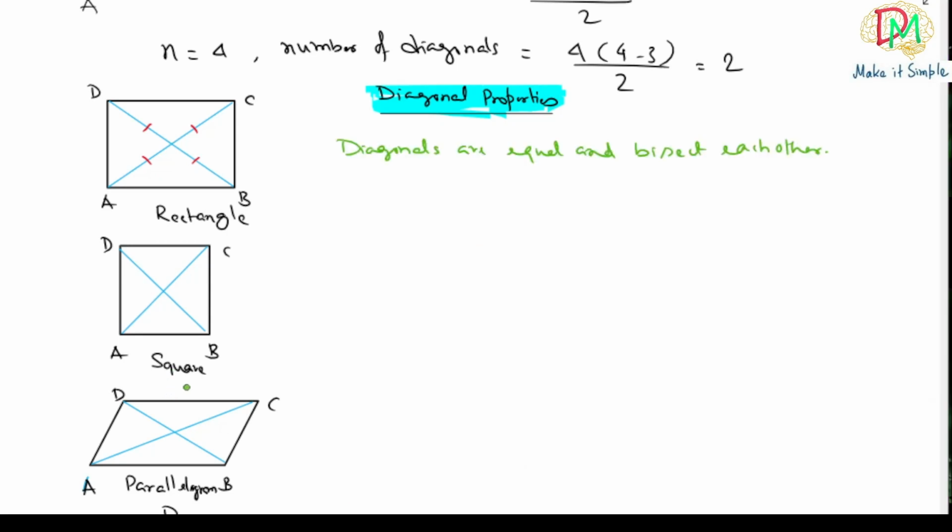Next is square. For the square, here AC and BD are the two diagonals, and these are equal in length and they bisect each other at 90 degrees. So we can mark on this drawing, these are all equally bisected and lengths are also equal, and all these angles are also 90 degrees.